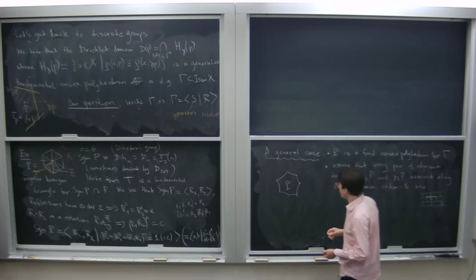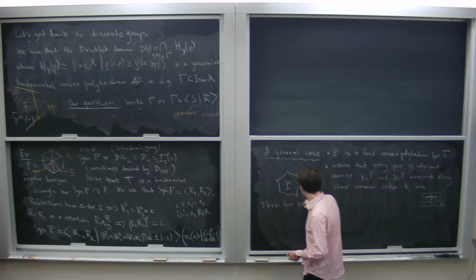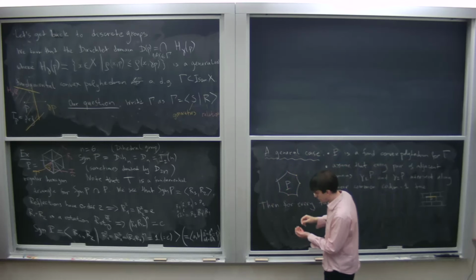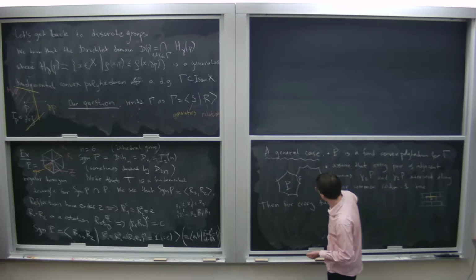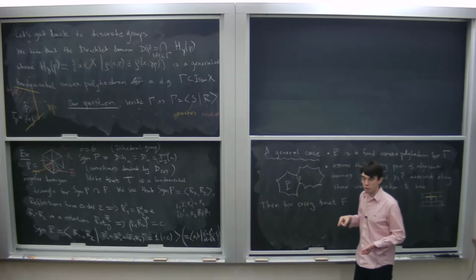Okay. Then for every facet F, so this is my facet F, we have a unique isometry that sends P to the adjacent fundamental domain of the tiling.